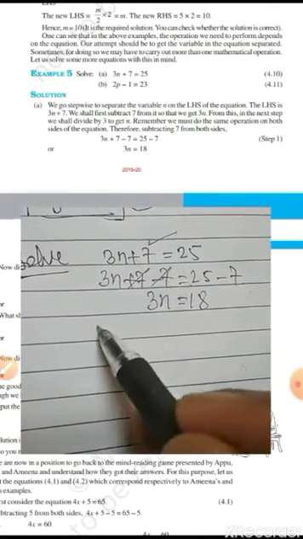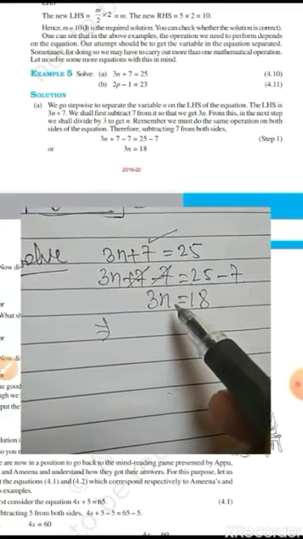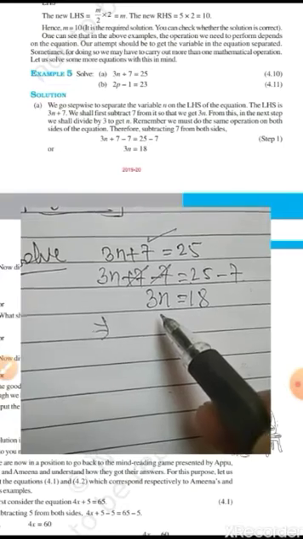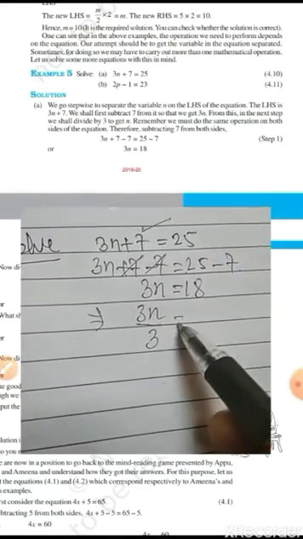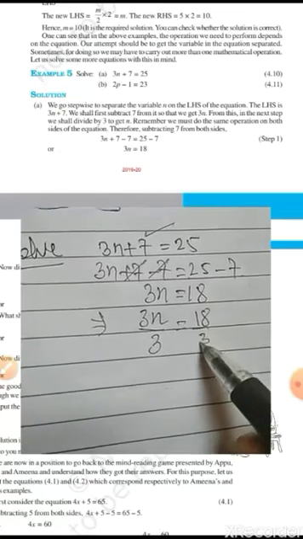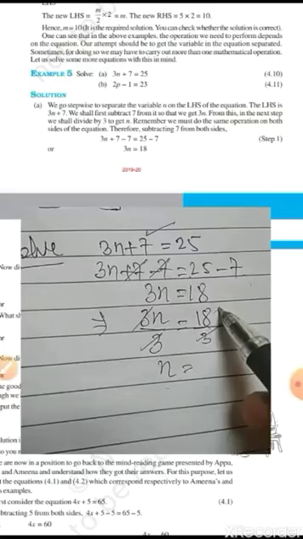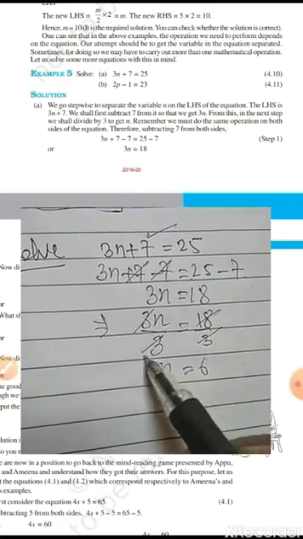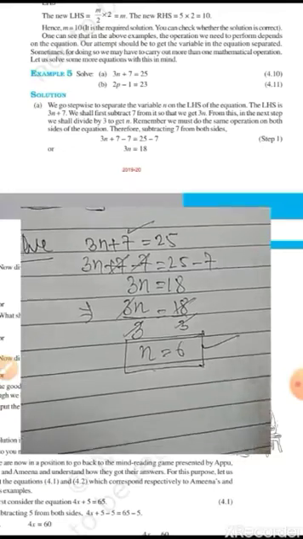So we keep n only on LHS. So we have to divide both sides by 3. So 3n divided by 3 is equal to 18 upon 3. So इसको कैंसिल कर देगा ये. n is equal to what? 3 6s जा 18. कितनी अच्छी बात है ना, हम लोग सीख गए अच्छे से.